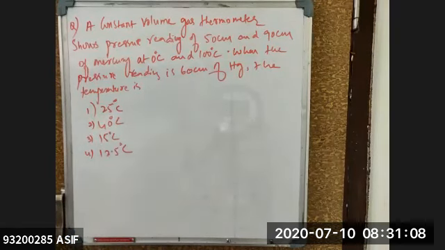I'll read the question. A constant volume gas thermometer shows the pressure readings of 50 centimeter and 90 centimeter of mercury at 0 degrees centigrade and 100 degrees centigrade.